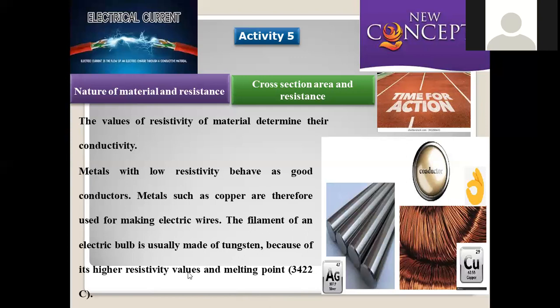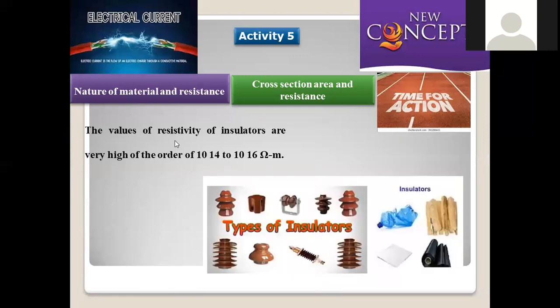That's the reason why even with high voltage it will not melt and will not cause any short circuit. To avoid the mixing of two conducting materials, insulation is used, because of its resistivity. That's why the bulb filament is always made of tungsten.